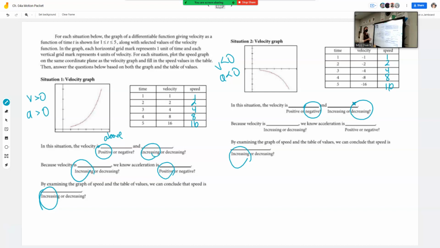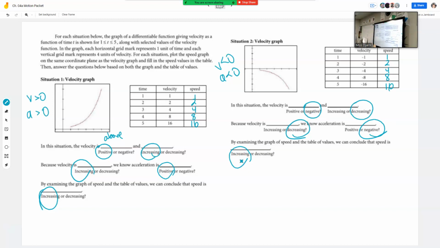So many people would hear velocity decreasing, slowing down, but this is an example of a ball that's gotten to the top of its motion and now it's coming down because it has a negative velocity and gravity says, let's go. Because velocity is decreasing, acceleration is negative. Whenever I have negative and negative, I'm speeding up.